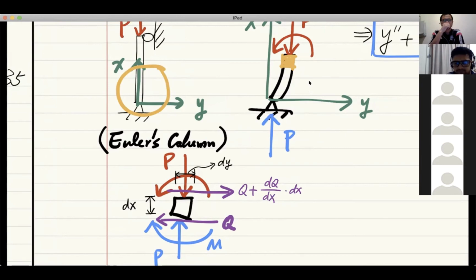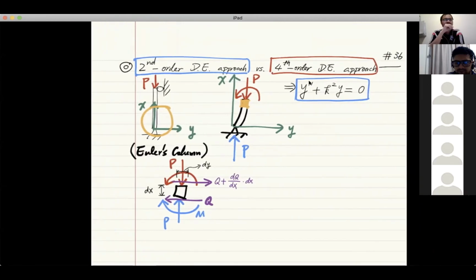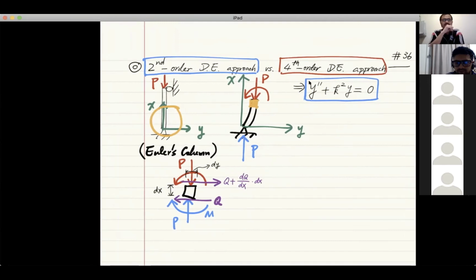Now, when we do this, then we can plug all these into the force equilibrium and the moment equilibrium. Suppose we start with the moment equilibrium. So here we have positive moment here, and on the top, the moment becomes M plus dM/dx times dx.